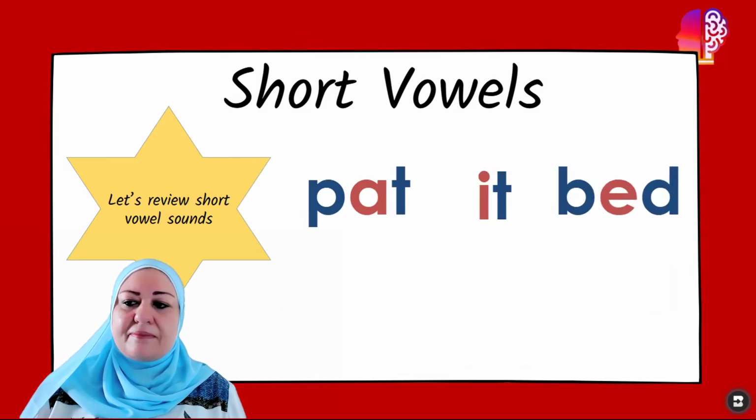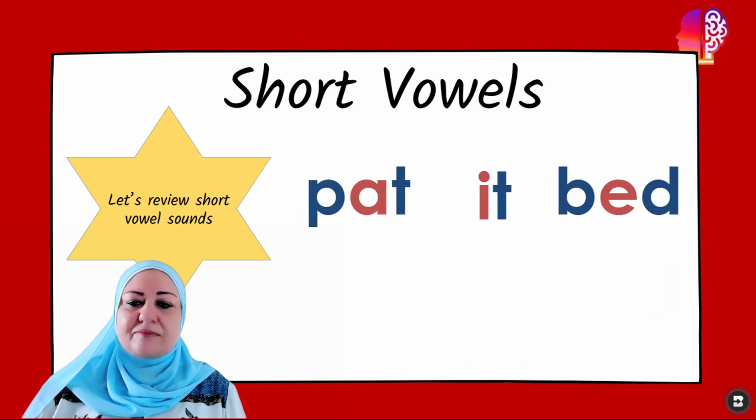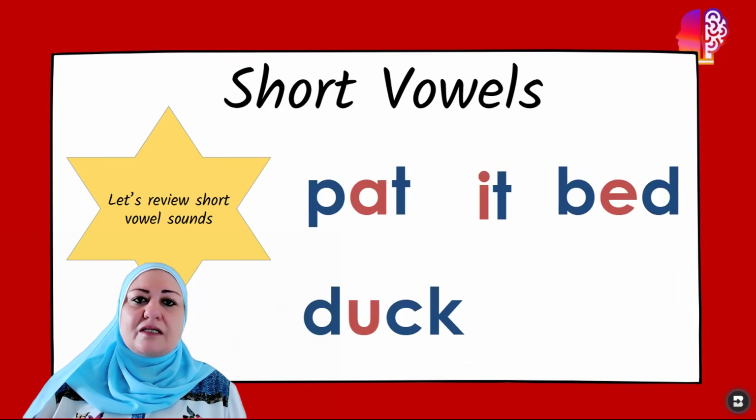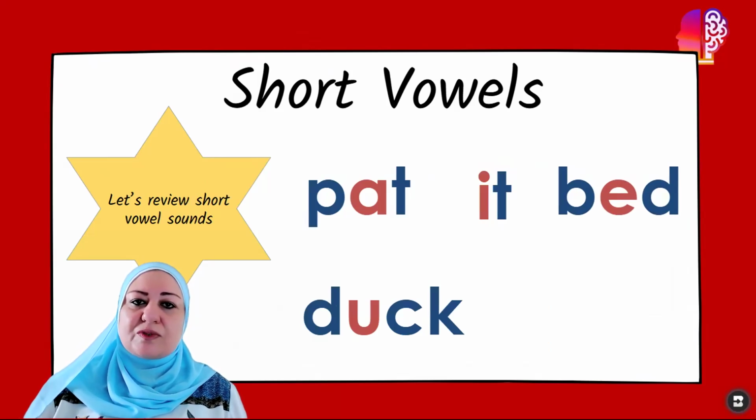Bed, as in the short E sound, as in the middle of the word bed. Duck, the short U sound you hear in the middle of the word duck. Hot, the short O sound you hear in the middle of the word hot.